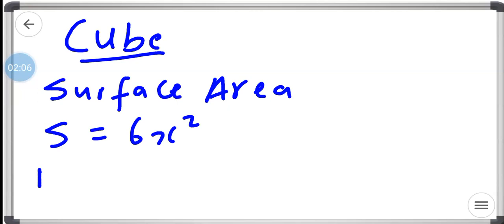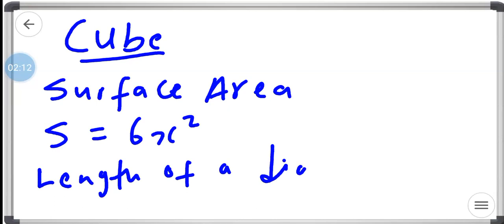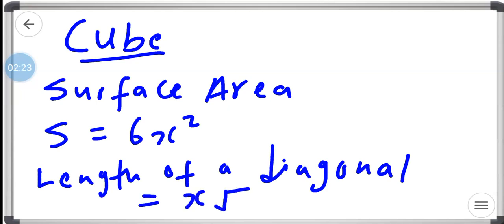And also we'll consider the length of a diagonal. The length of a diagonal equals x root 3. That's the length of its diagonal.